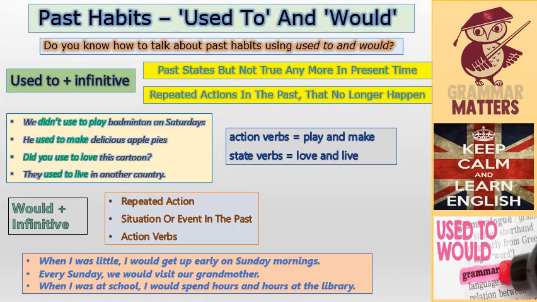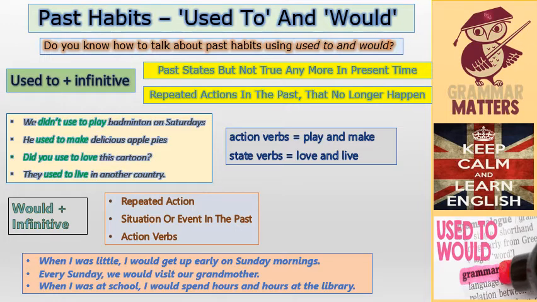When I was little, I would get up early on Sunday mornings. Every Sunday, we would visit our grandmother. When I was at school, I would spend hours and hours at the library. It is important to notice that would cannot be used with stative verbs.